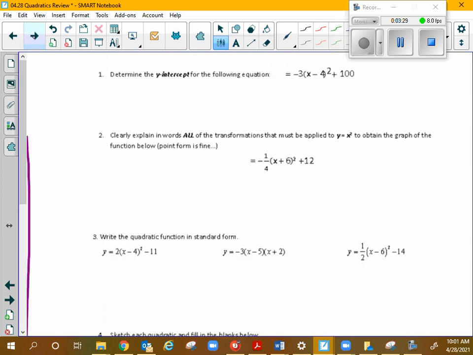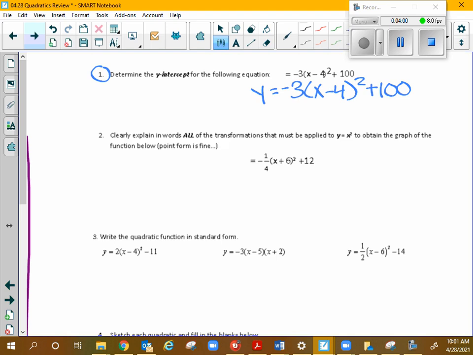Let's talk about finding the y-intercept in that form. What form is that? Vertex form. So my y-intercept is not 100, right? It's negative 3 times x minus 4 squared plus 100. Where is the y-intercept on the graph?